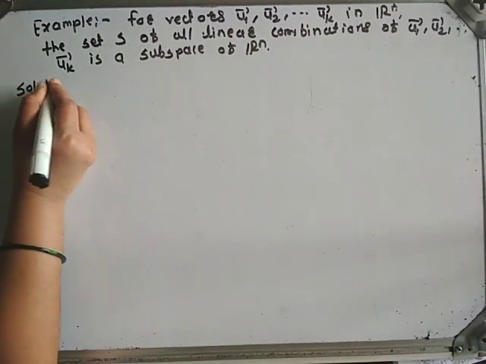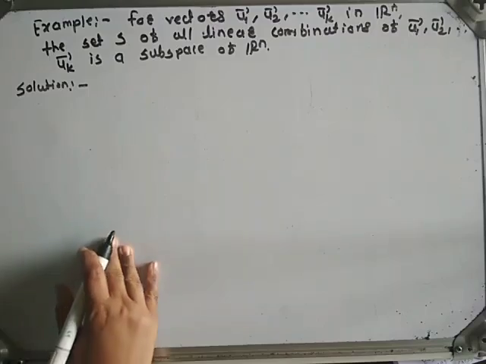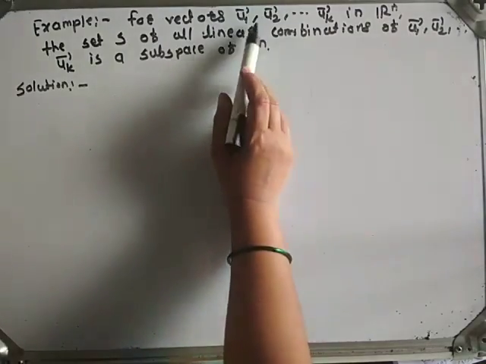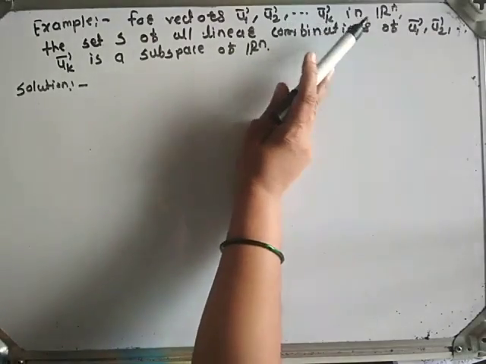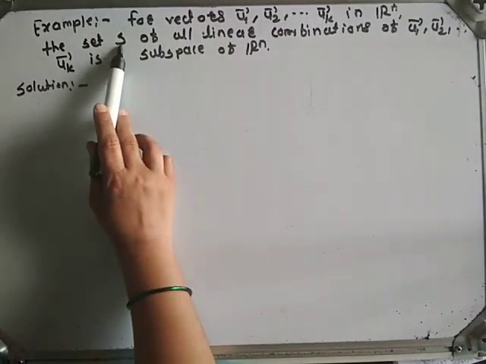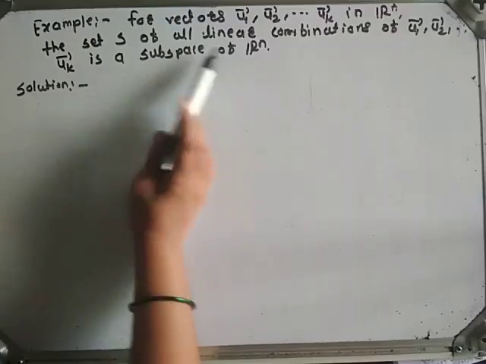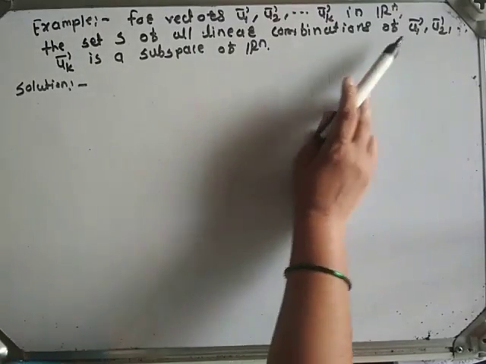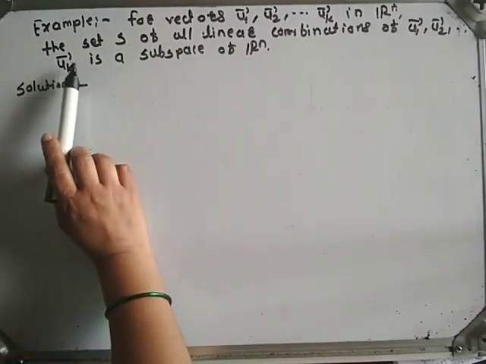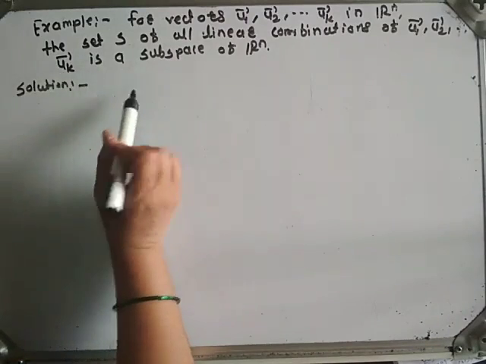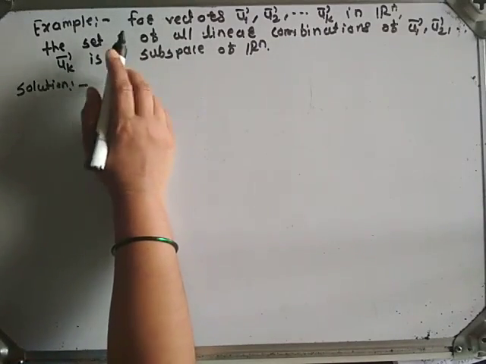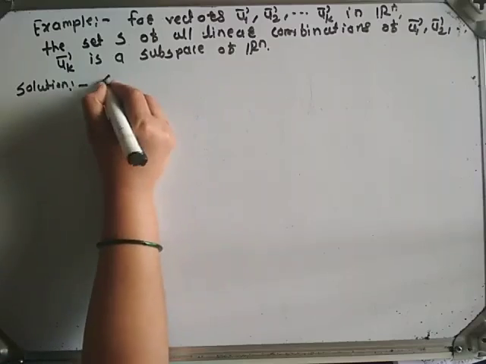Solution. Here we have to show that for vectors u1 bar, u2 bar and so on up to uk bar in Rn, the set S of all linear combinations of u1 bar, u2 bar and so on up to uk bar is a subspace of Rn. What is set S?